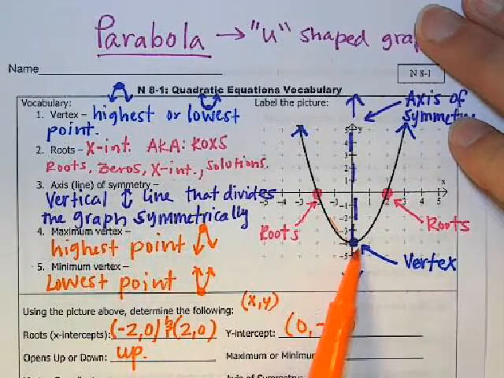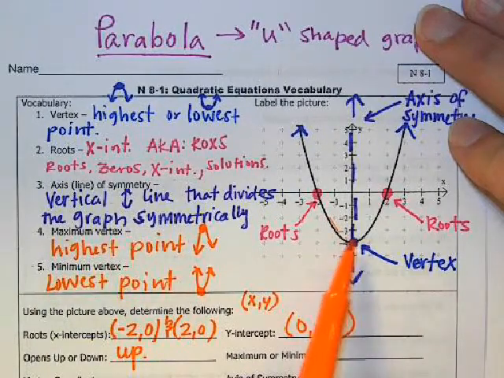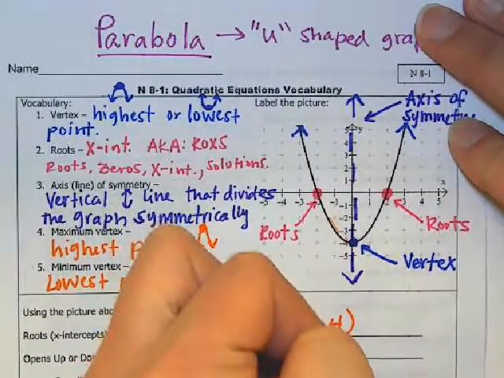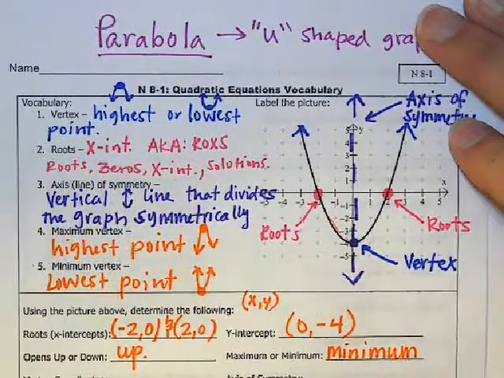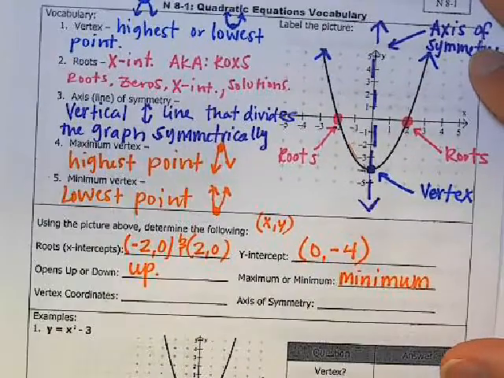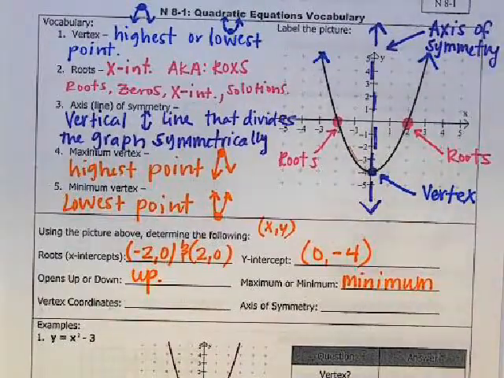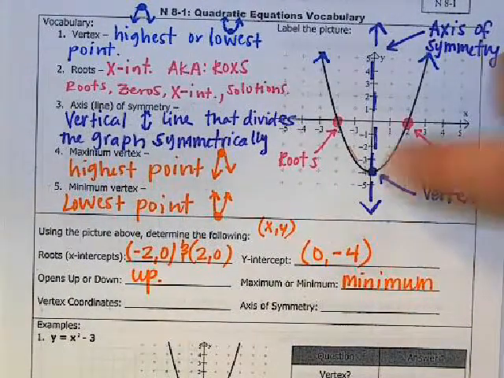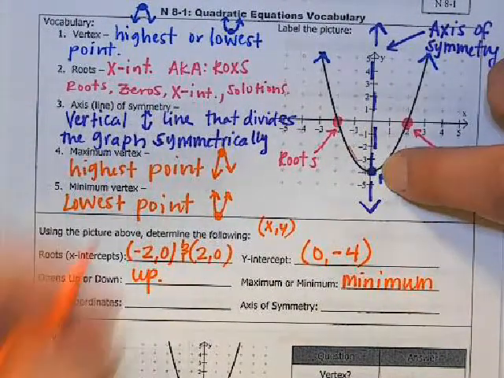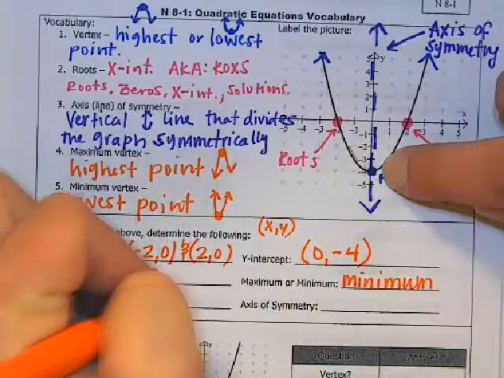Okay, does everybody see how my vertex is at the bottom? So this would be a minimum. And then what is my vertex coordinate? Well, here we already know where it's at because we drew our arrow to it. And this coordinate is (0, -4).